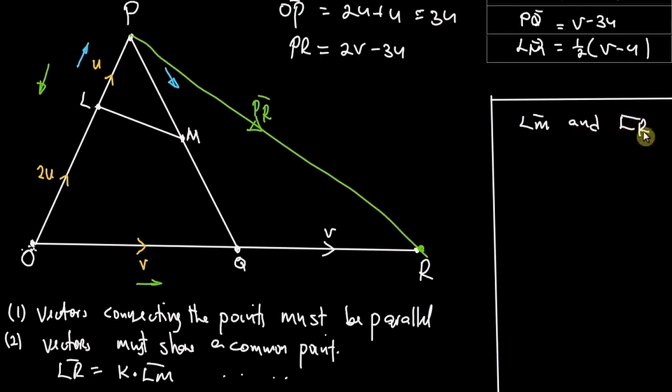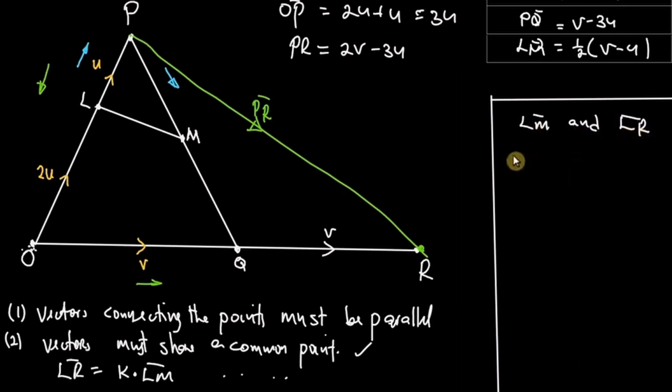So we will compare these 2 vectors to see if they're parallel and also to see if they share a common point. Well, it is obvious that the vectors LM and LR share a common point because that point would be L. So we have already satisfied condition number 2. So now we need only to show that LM and LR are parallel.